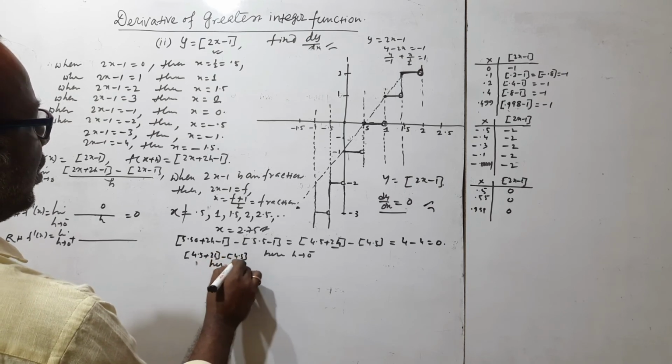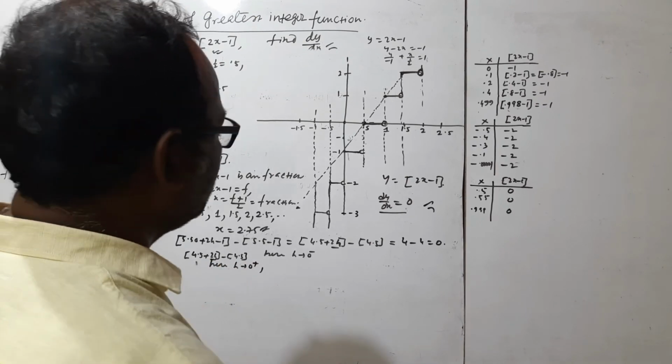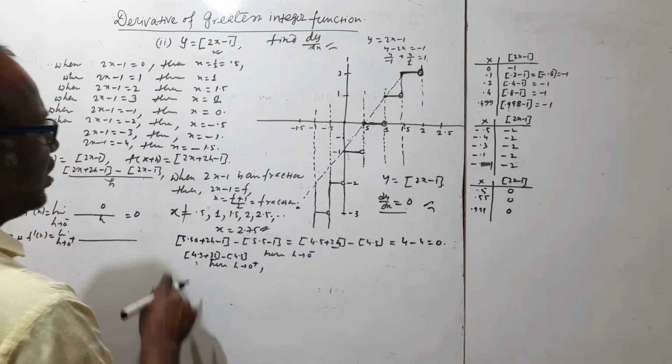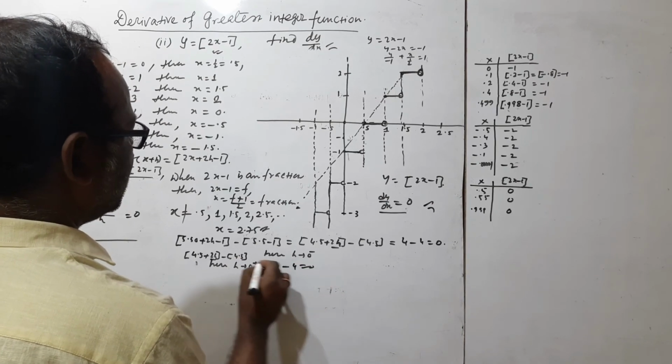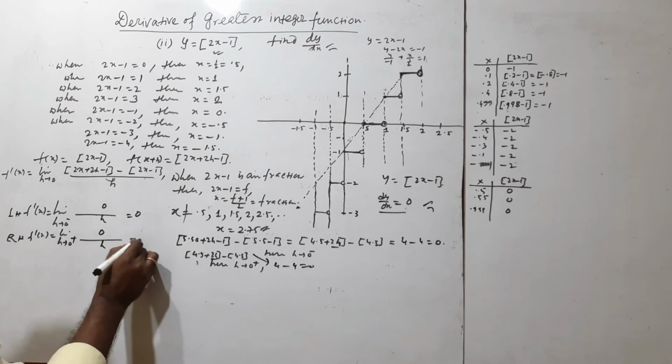Here h tends to 0 plus, so this is a little more than 0, the nearest value, so it would also be 4 only, same as this is 4 only, so this is a 0. Okay, so therefore 0 over h is equal to 0.